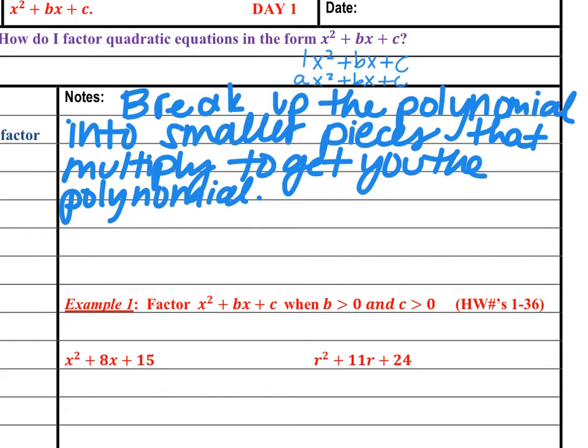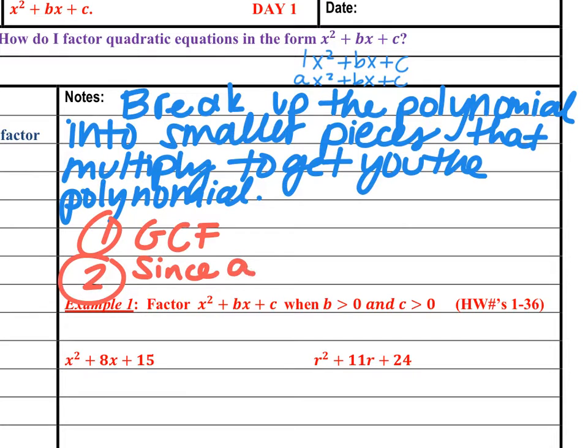So here's how we're going to do this today. Since we have 1x squared plus bx plus c, the first thing we always do is look for a GCF. We're going to factor it out. After you factor a GCF, since a equals 1, that's important because later on, when a is not 1, it's going to change things for us.